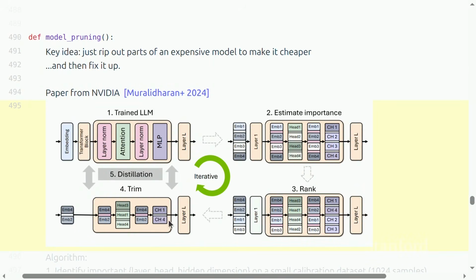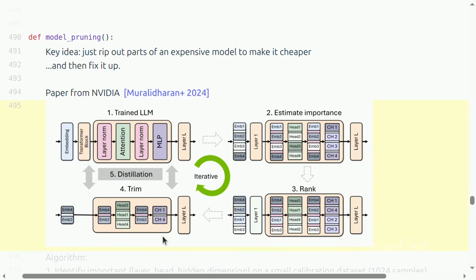Then you remove different hidden units and even layers, and now you have a model. It's not going to be very good, so you post-train it, training it some more on the data or tasks you care about, to heal it.